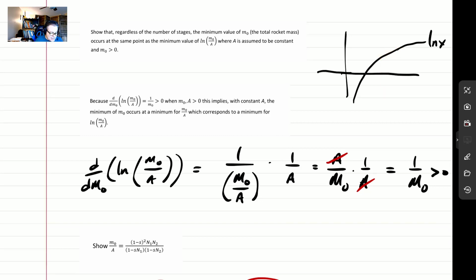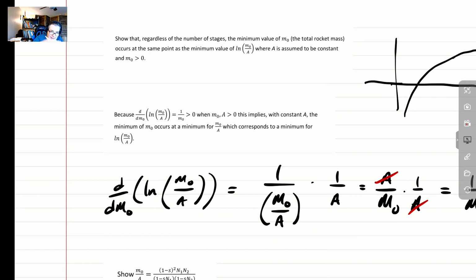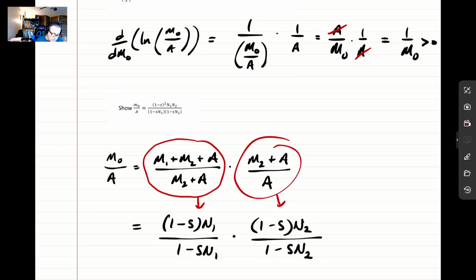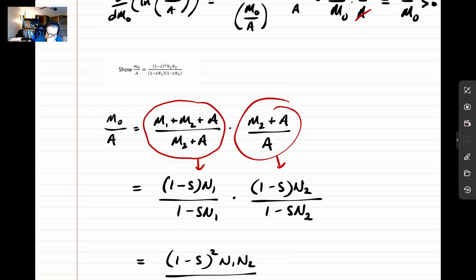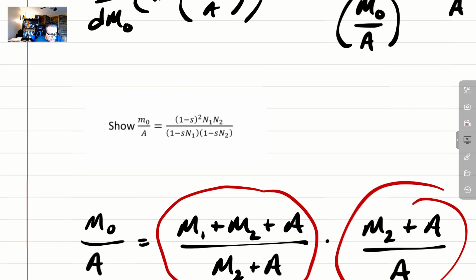So a minimum value of m0 corresponds to a minimum value of m0 over some constant, which corresponds to a minimum of that function, which is the next little piece of a series of algebraic arguments that I need to put together to make a conclusion. So I'm getting there. I got one more important one here, which is just that expression that I was just looking at, that m0 over a.